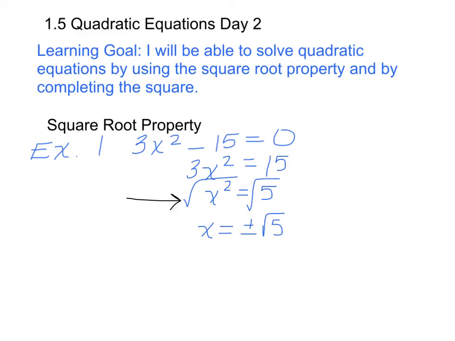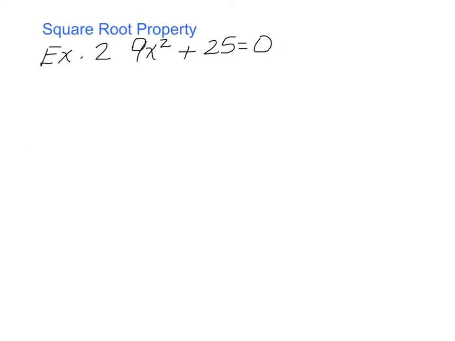And remember that when you square root both sides, your answer will be plus and minus. And since 5 is not a perfect square, then you have to leave it under the square root. Then that's it.